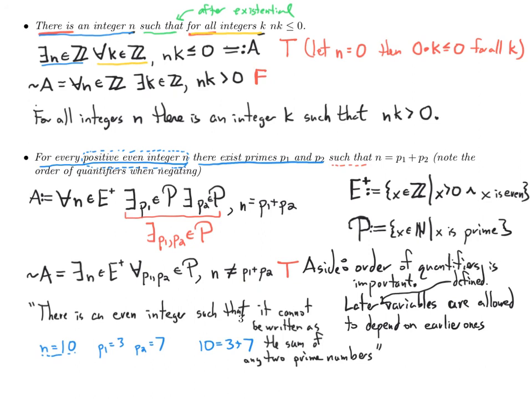There's no prime number smaller than 2. So there's no way I can write 2 as the sum of two prime numbers, no matter what prime numbers I pick. So for all pairs of prime numbers, the sum of them is not going to be 2. Of course not. And the same thing holds for 4. 4 is another, we call it a counterexample.